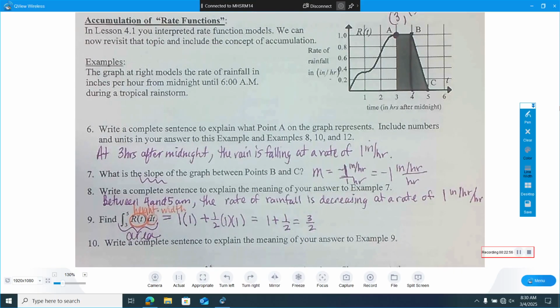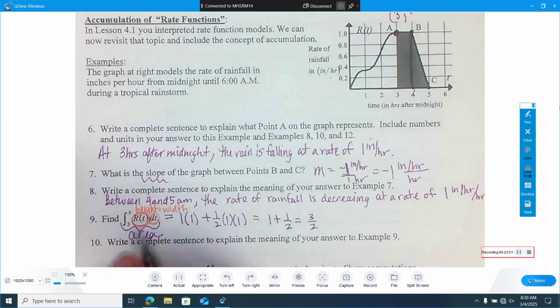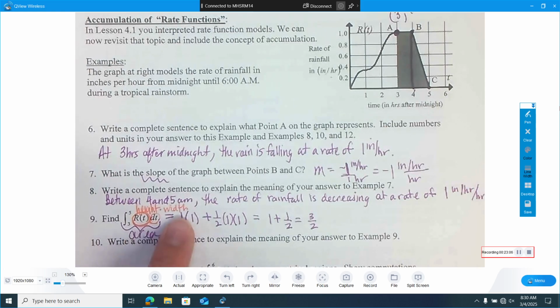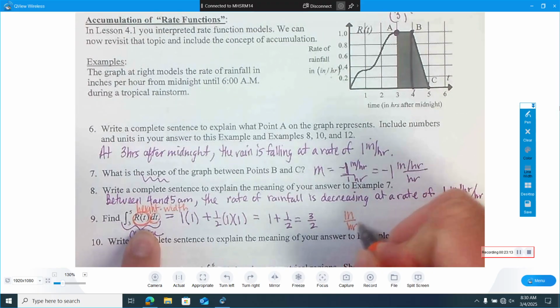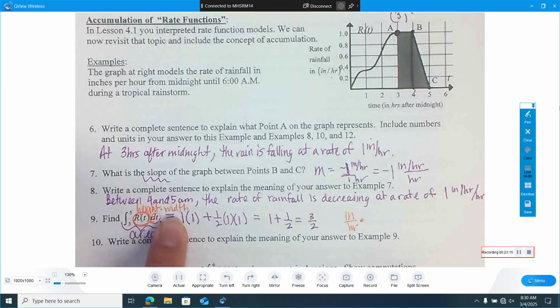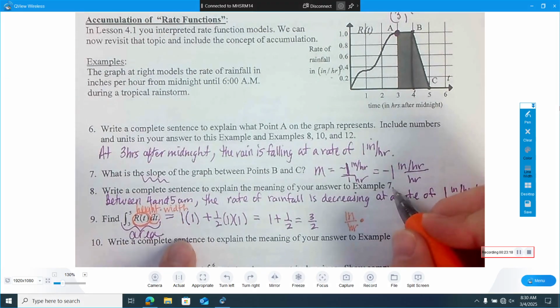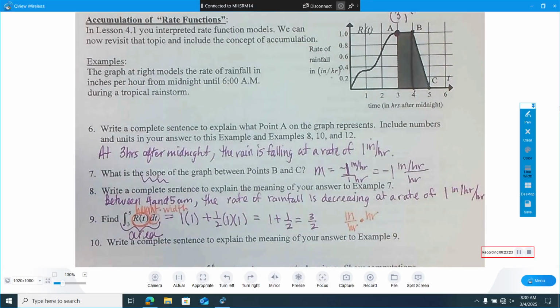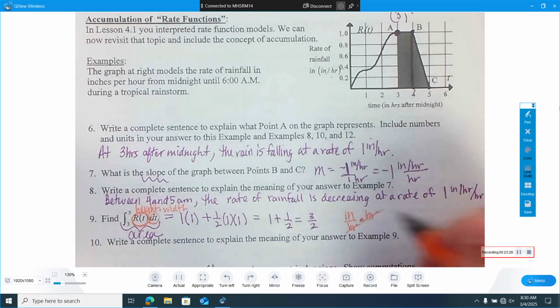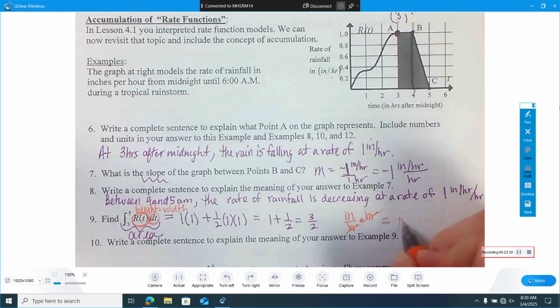Base times height, that's all it is, okay? The nice thing is we are doing units here. If I'm multiplying height times width, well, my height, the units are inches per hour. And when I look at the width, what are the units? Hours. And so when we think about units there, what happens to inches per hour times hours? The hours cancel out and we're left with inches.